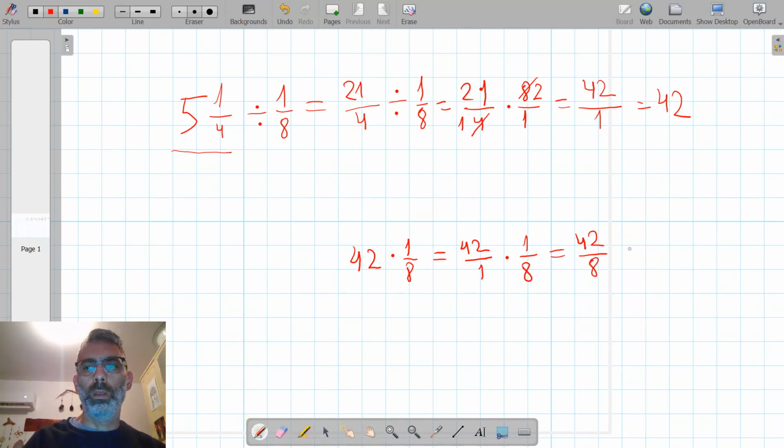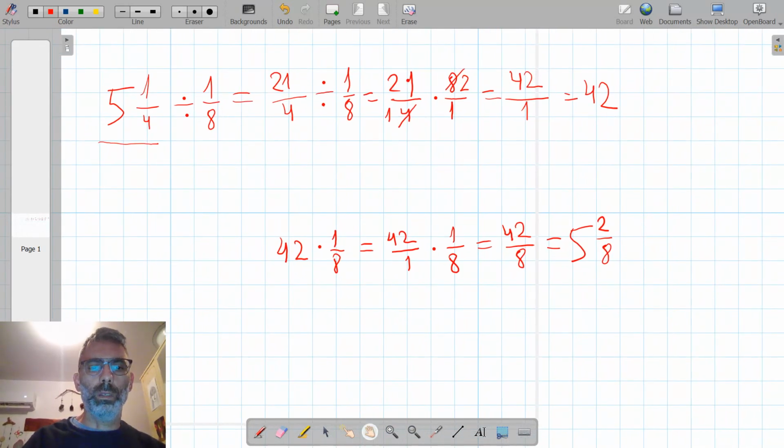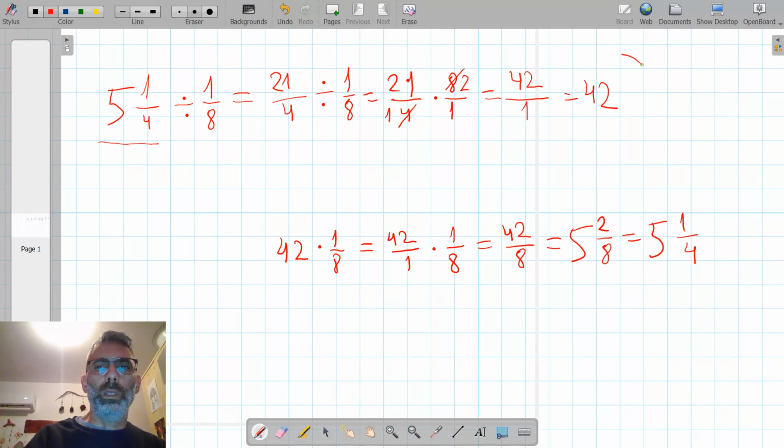Okay, 8 goes into 42 5 times, and we have a remainder of 2/8. And 2/8 can be simplified to 1/4. So 42 is the right answer.